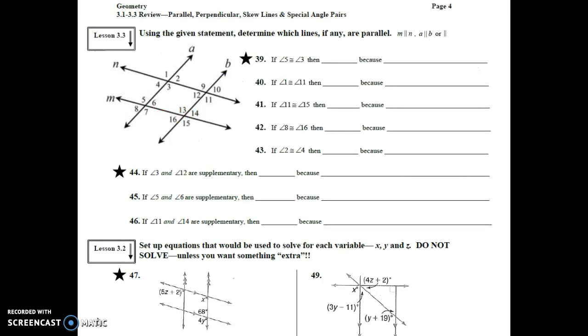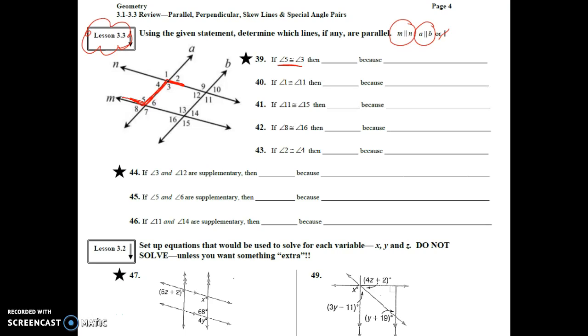Then on the last page, we have a couple different kinds of questions. This first chunk is still from lesson 3.3, deciding which lines are parallel. They will give you two angles, and then you have to either pick M parallel to N, A parallel to B, or not parallel at all. It says, question 39, that angle 5 is congruent to angle 3. So I trace angle 5 and I trace angle 3.